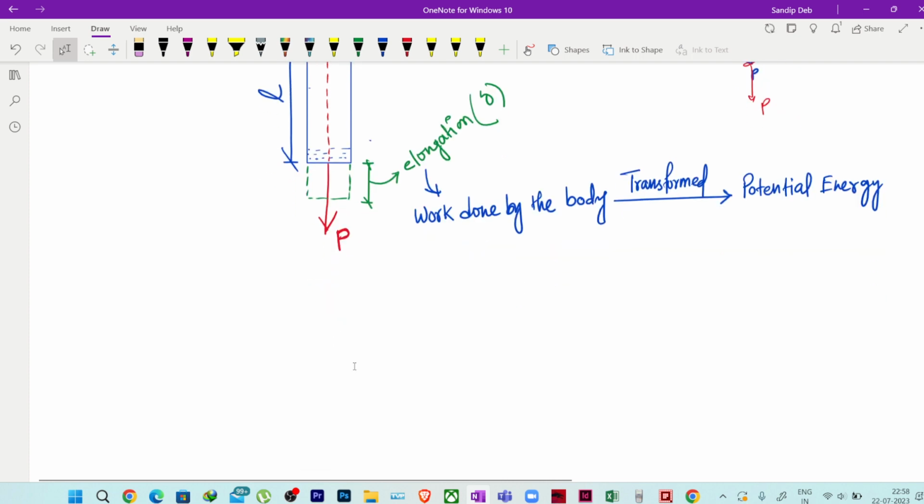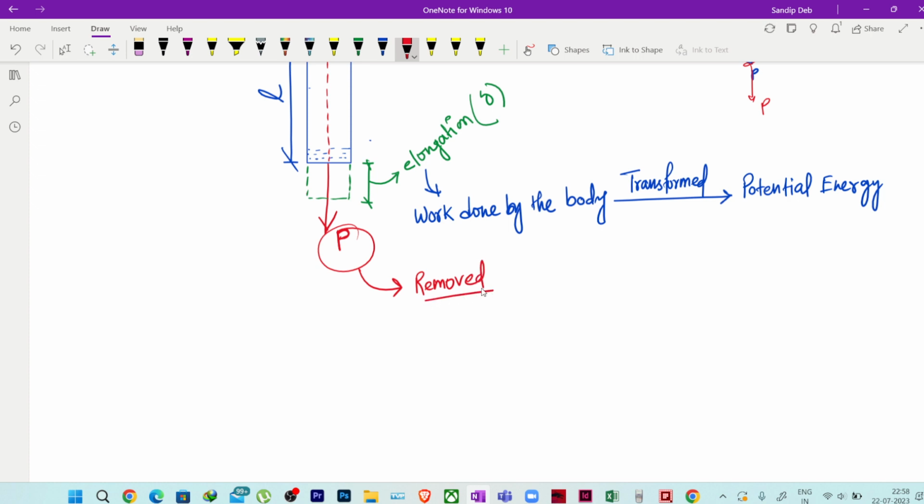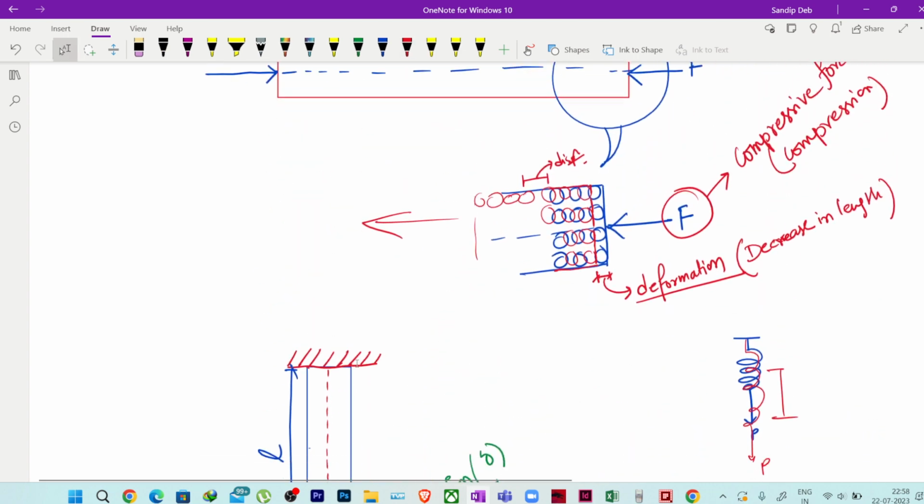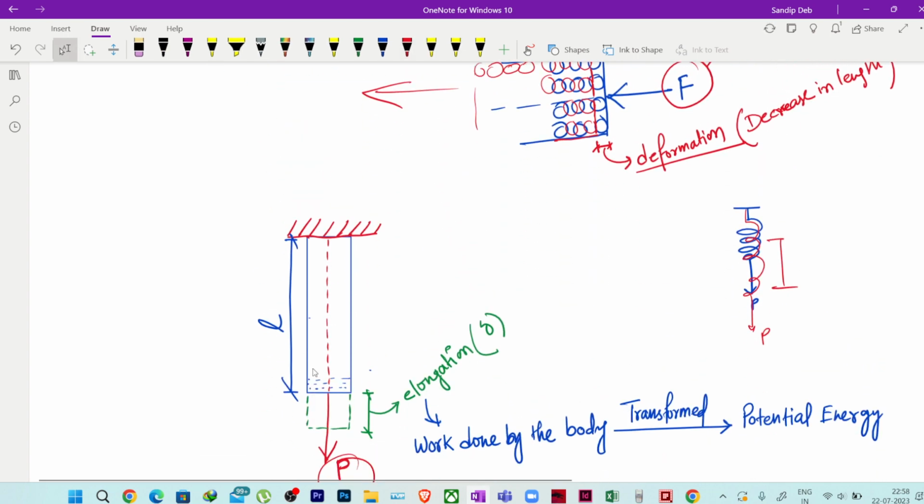Now if we remove the load that we have applied, what will happen? So obviously the molecules in this bar also have forces acting in between them.